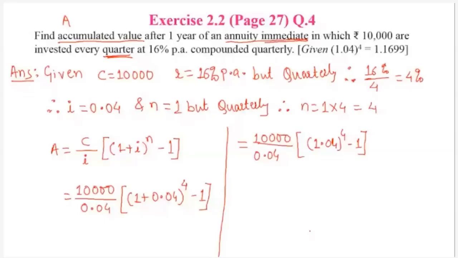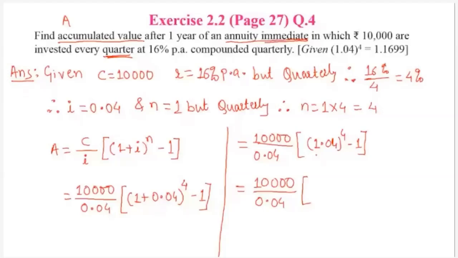Yes. So let's go further. That is equal to 10,000 divided by 0.04 square bracket open 1.04 raised to 4 given in the question.